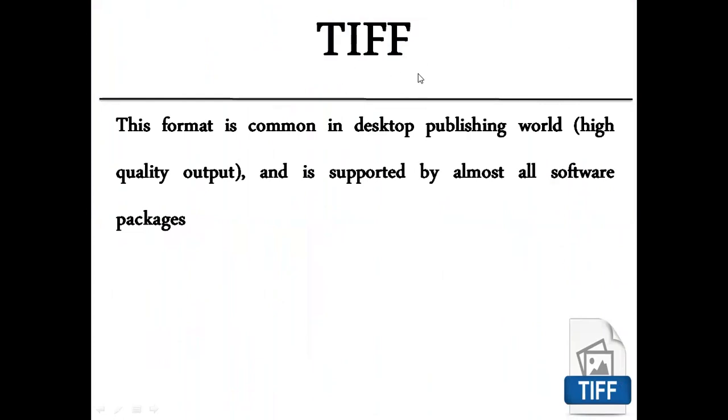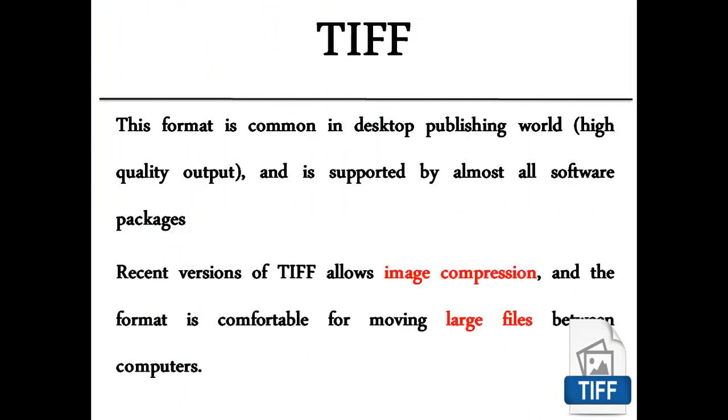And TIFF is supported by almost all software packages. Recent versions of TIFF allow image compression. What is compression? It's a technique used to reduce the size of the file. TIFF images are mostly used in computers to move large files from one system to another system.